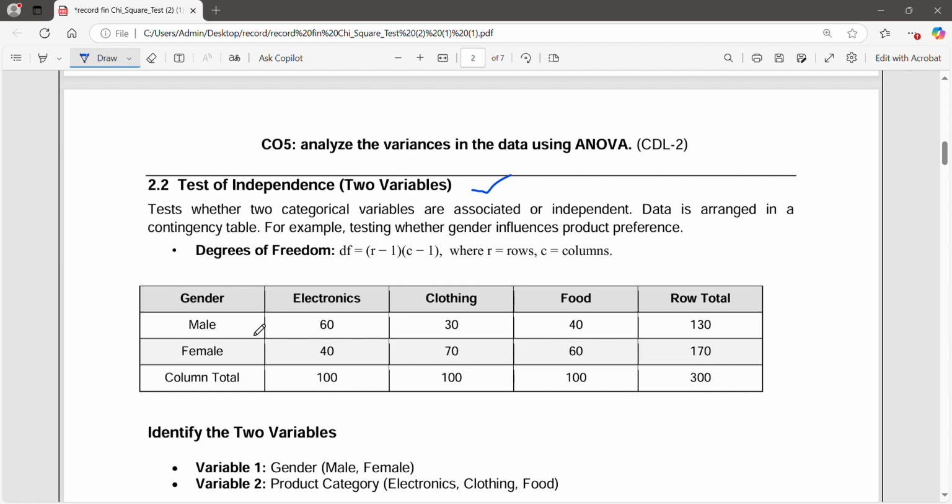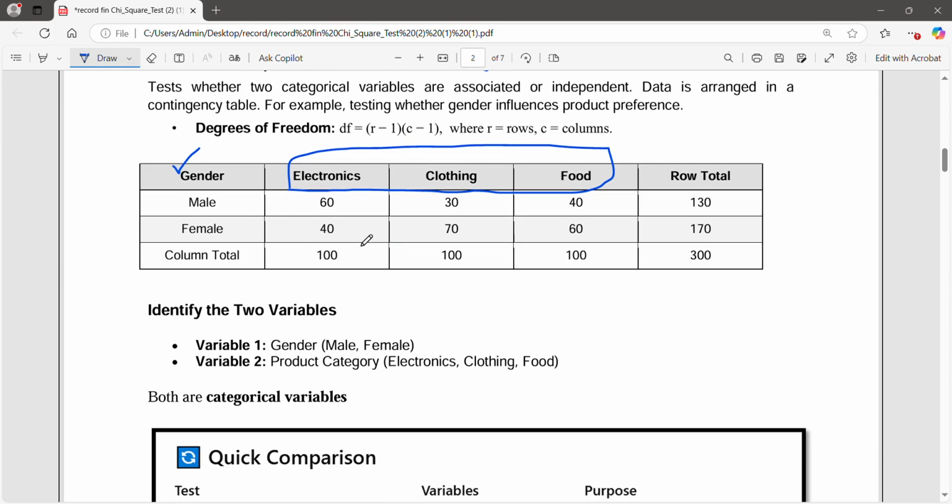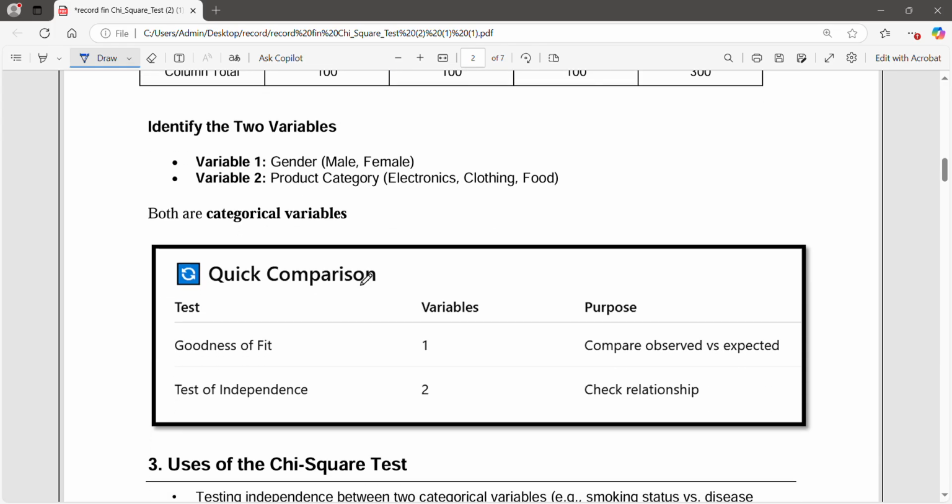Here you can see the first variable, gender, and the other variable, product category. So two variables are considered for the test of independence, and we find the chi-square value for them.